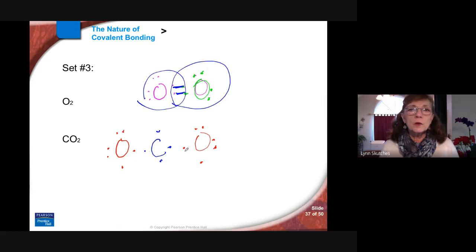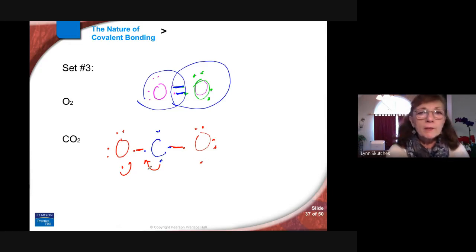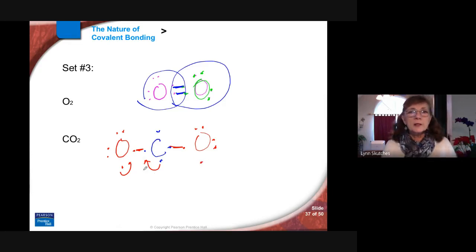So obviously there's a bond here, I hope you can see, sharing between two atoms. And then these unpaired electrons come together to make that secondary bond. Okay.